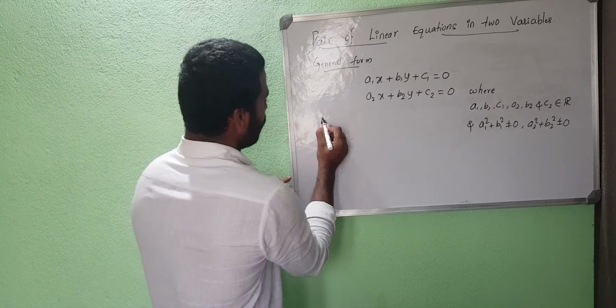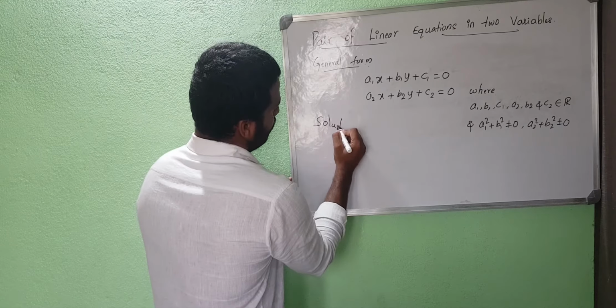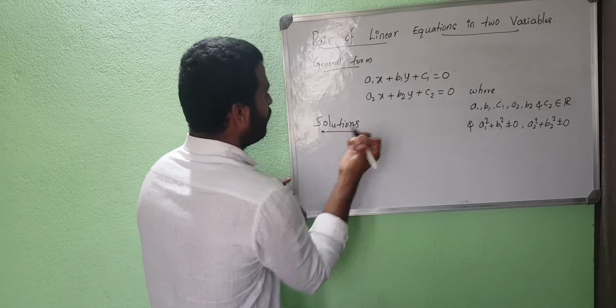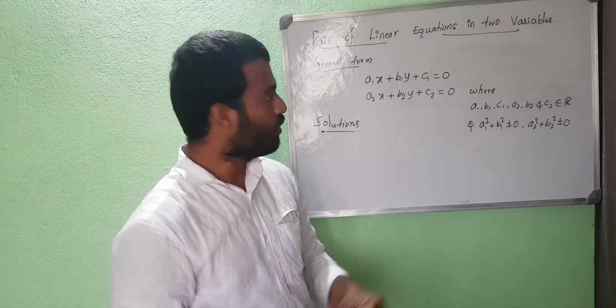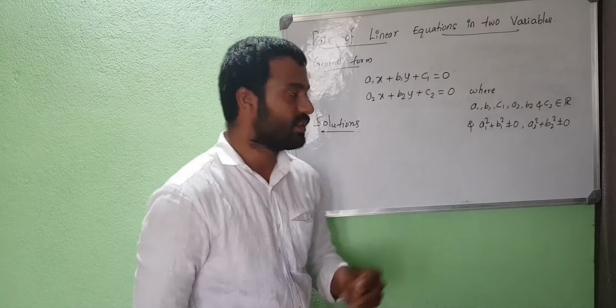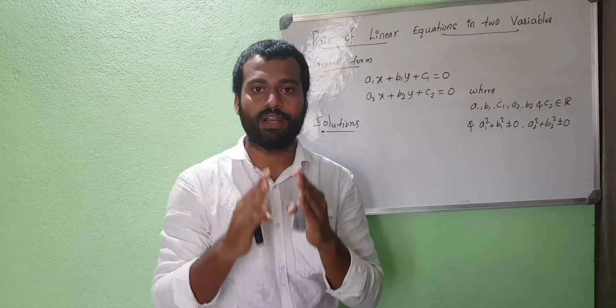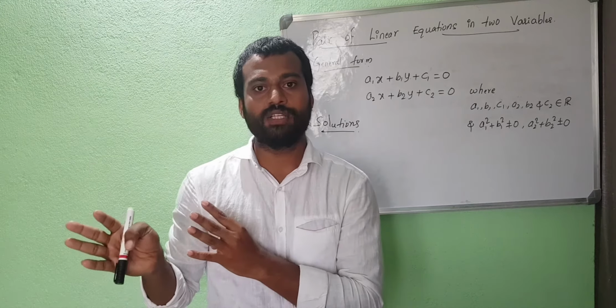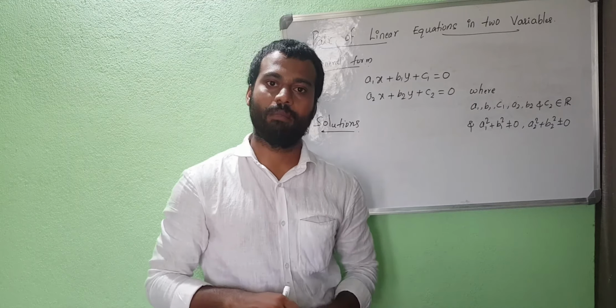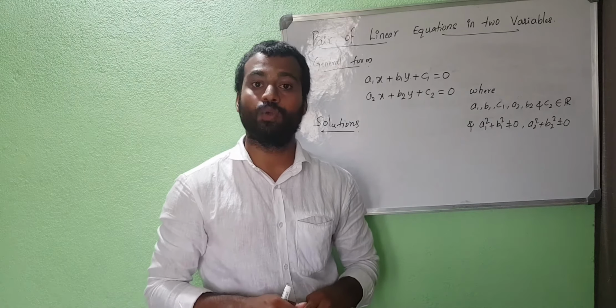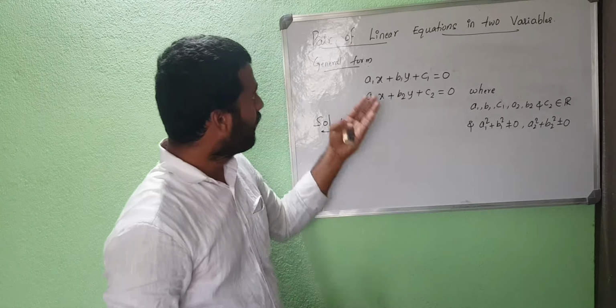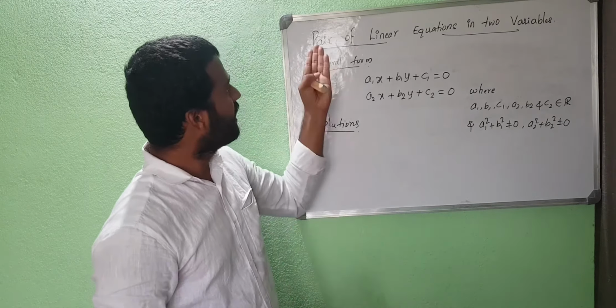So the next thing is solutions. How do we find the solutions for these types of equations? In the previous classes we already learned how to find the solution for a linear equation in one variable and in two variables. Now how do we find the solution for a pair of linear equations in two variables?